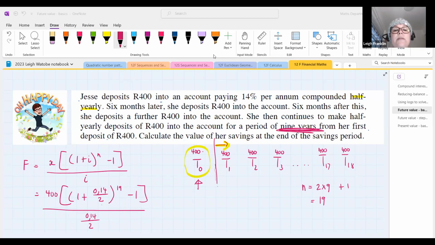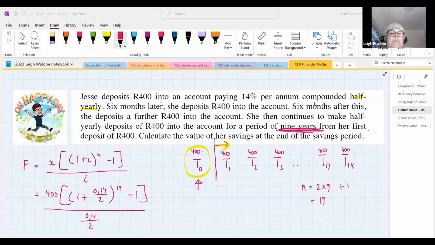Okay, Tsediso, I'm going to explain that again. Onwaba, yes. Leanne, yes. Lezejo, yes. Yes, correct, Lebogang. Half yearly and biannually is the same thing. Correct. Every 6 months. Good. Okay, so Tsediso, where did the 2 times 9 come from? Remember, Jessie was depositing the money 2 times a year for 9 years.